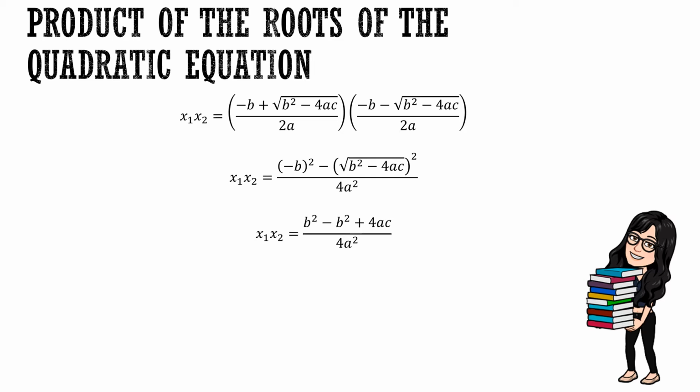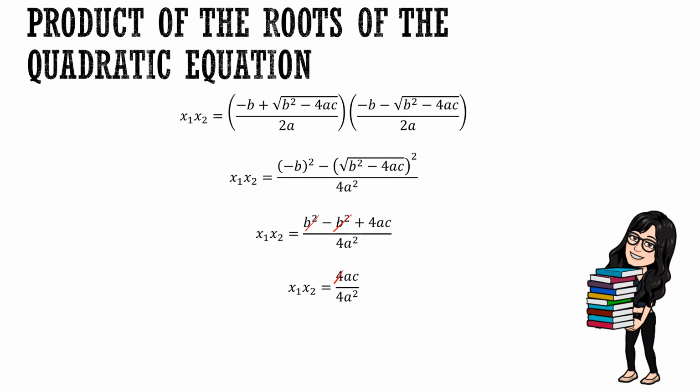Simplifying it, we have b squared minus b squared plus 4ac all over 4a squared. Let's subtract b squared minus b squared. Therefore, x sub 1 times x sub 2 is equal to 4ac all over 4a squared.